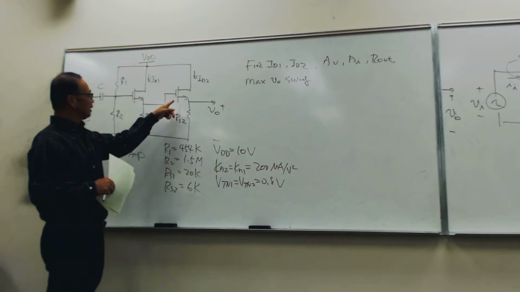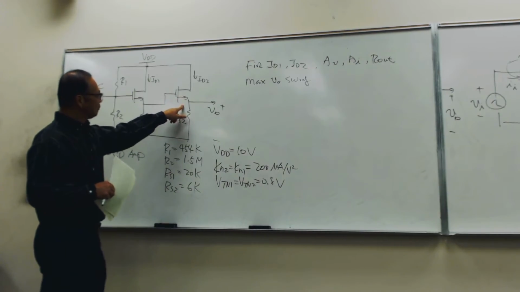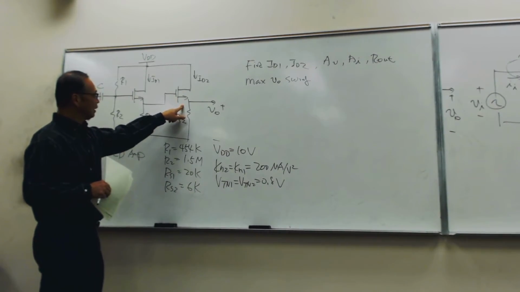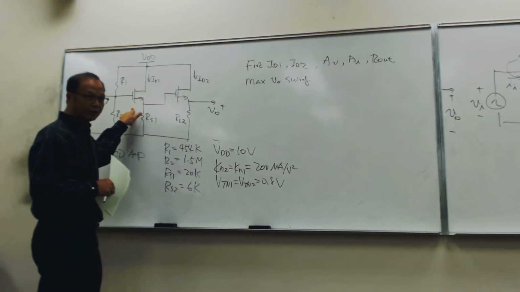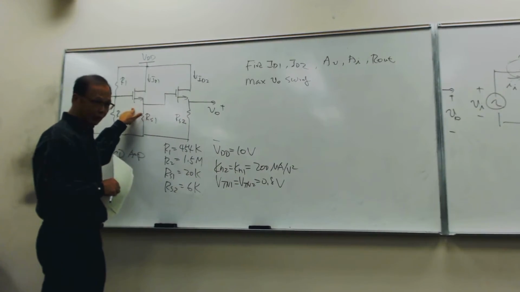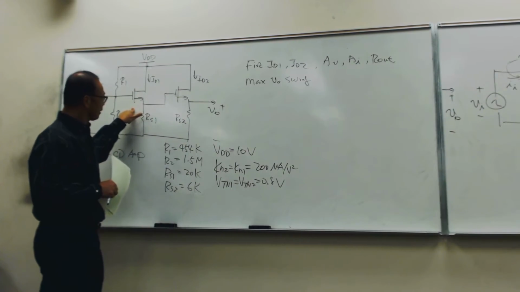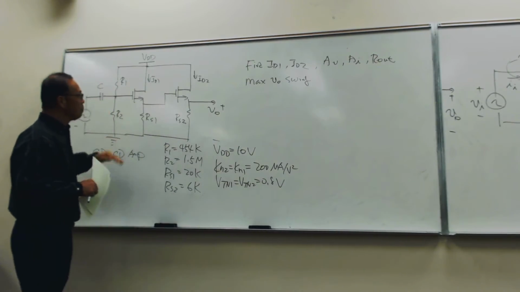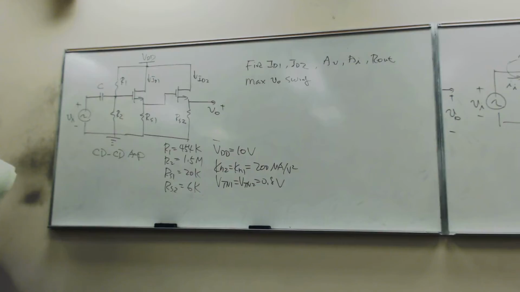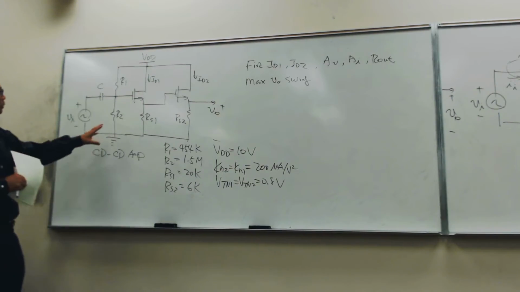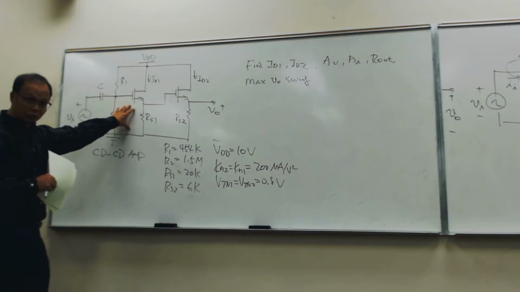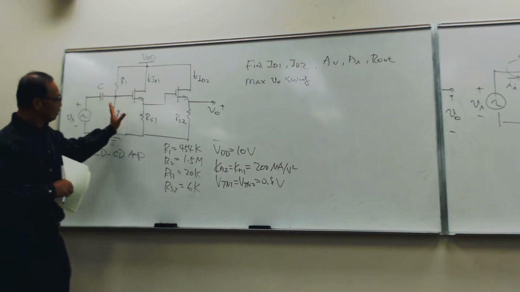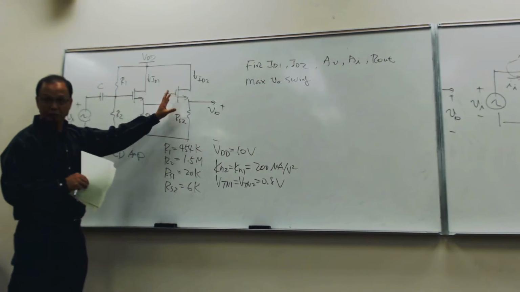So that means the DC biasing of the second stage is affected by the DC of the first stage, right? Because it's not open. So you would have to do the DC analysis of the first stage first, and then progress to the second stage.